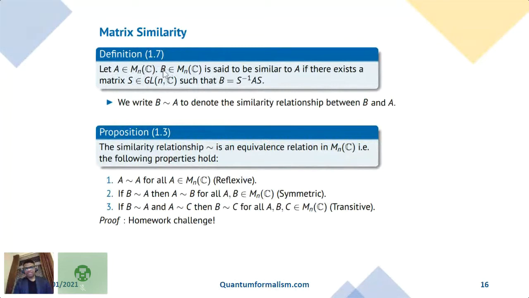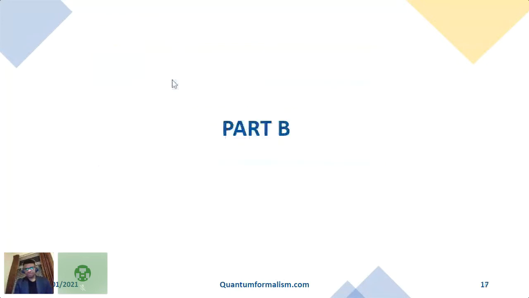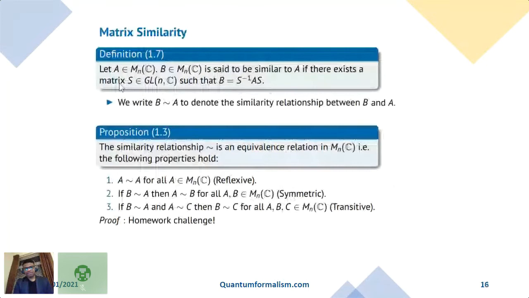We say another matrix B is similar to A if there exists an invertible S. It's simpler to write it this way, because an invertible matrix is an element of GL_n of C. So if there exists an element of GL_n of C such that this condition is satisfied, we write B similar to A to denote the similarity relationship between the matrix B and A.